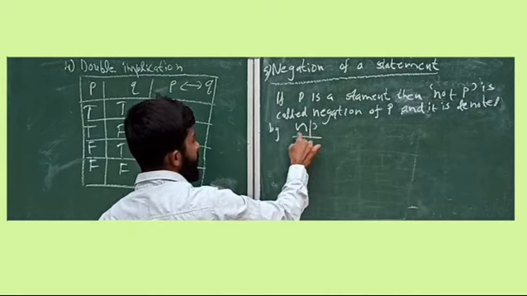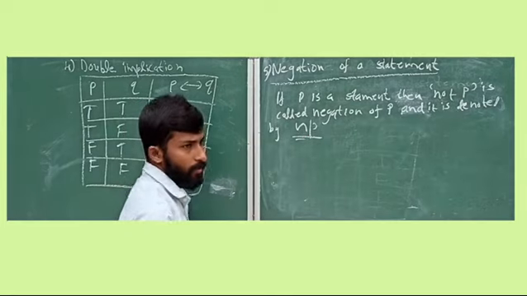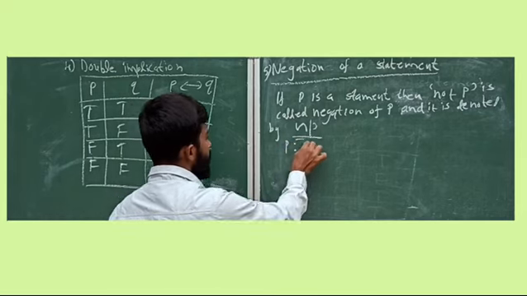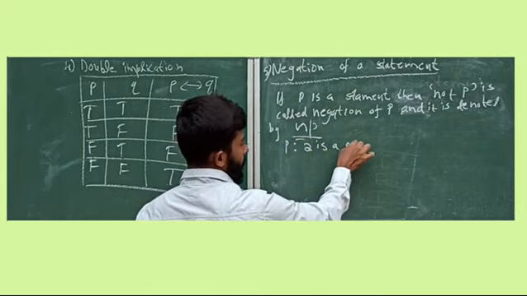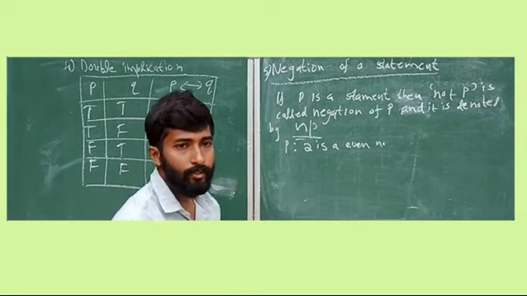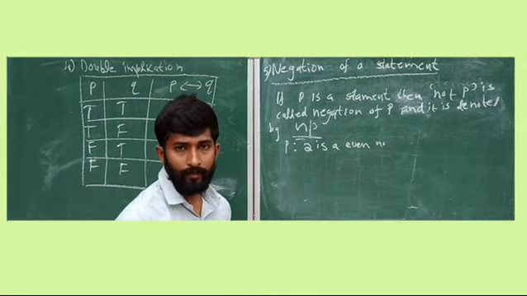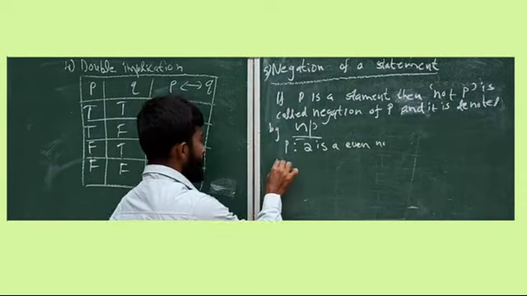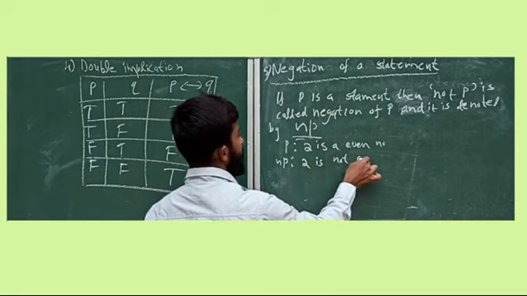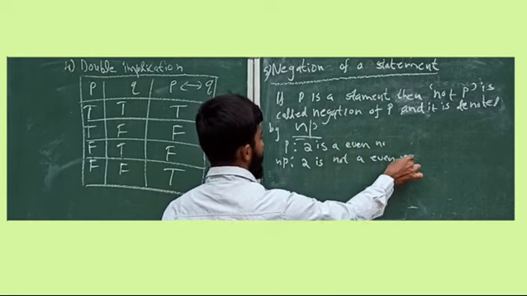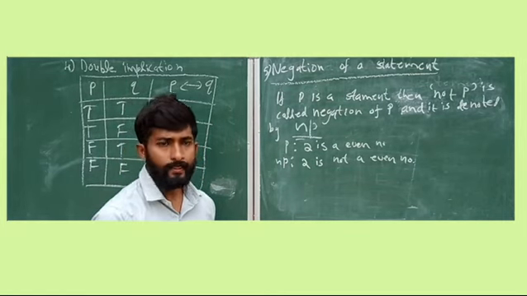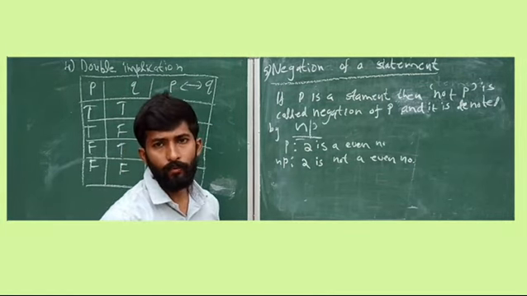We read it as negation P or not P. For example, statement P: 2 is an even number. Negation P means you are just opposing the given statement. Negation P is: 2 is not an even number. If P is the statement, then not P is called the negation of the given statement.